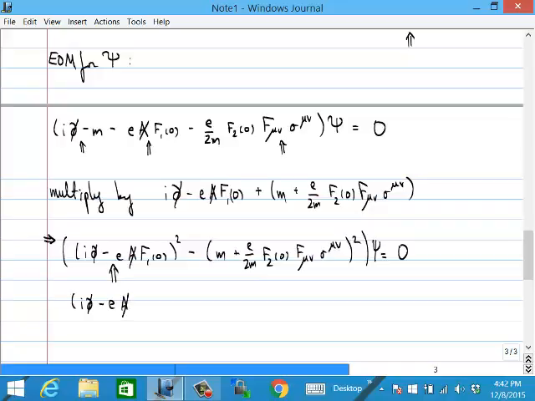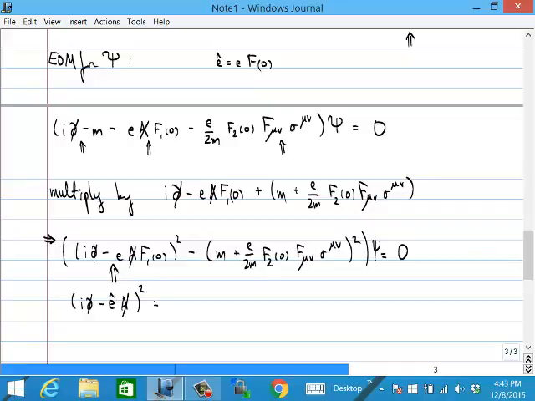Just to make my life simpler, I'm going to let e hat be e times F1 of 0, because that is the effective electric charge. It's the thing that you would measure if you were doing an experiment, if you were measuring Coulomb's law. So just to make my notation simpler, I'll incorporate that F1 of 0 into e. So what is this guy?